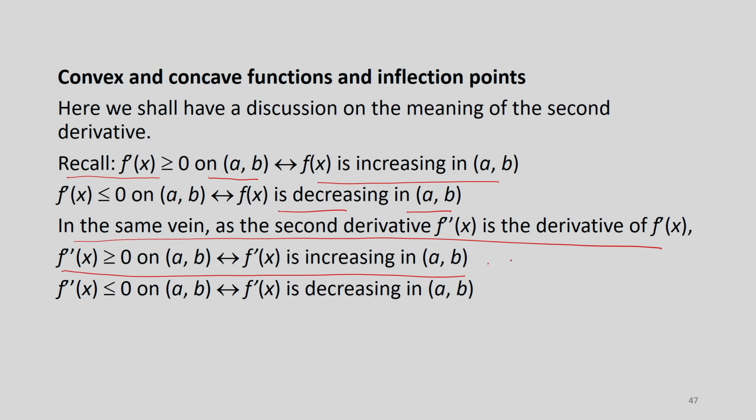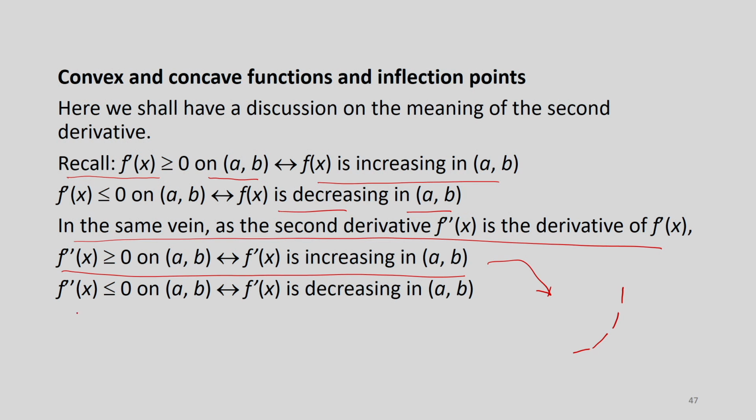Let me show it geometrically. f dash of x is the slope, and that slope is increasing like this, right. This is like linearization of that curve or that function that we are talking about.